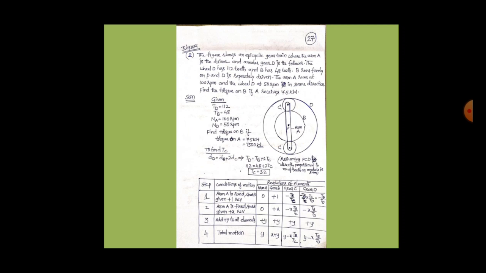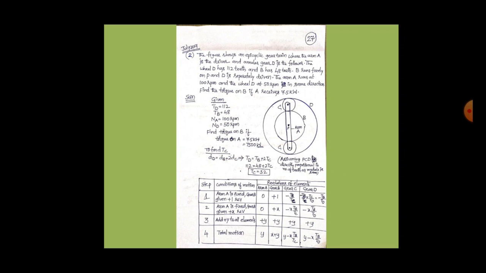Therefore, that is equal to the difference between the torque on C and the torque on the sun wheel. So 500, the torque exerted on the planet carrier, minus 100, the torque exerted on the sun wheel, is equal to 400 Newton meter. Like that we can calculate the torque.